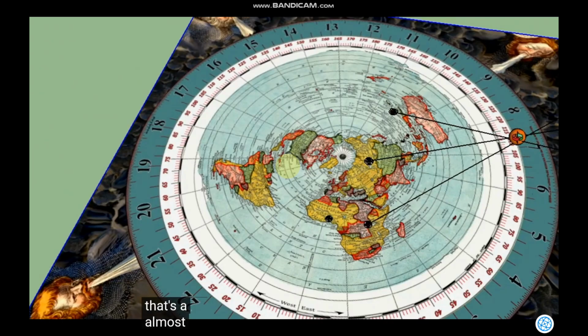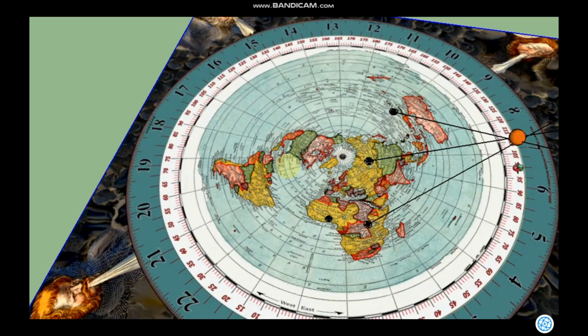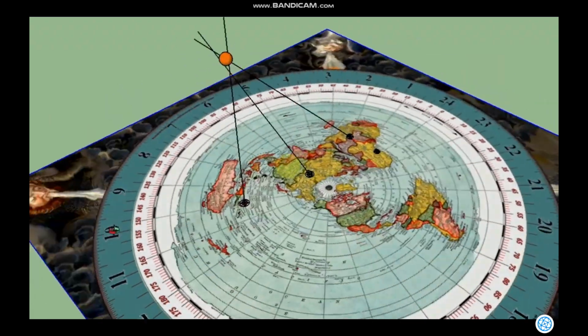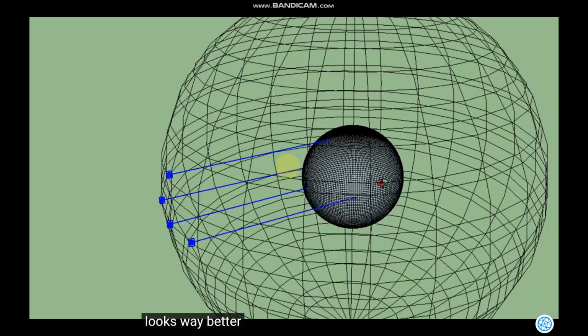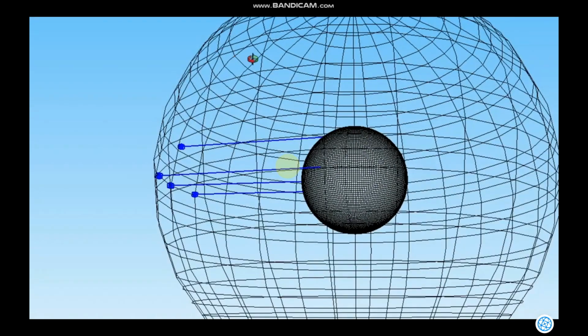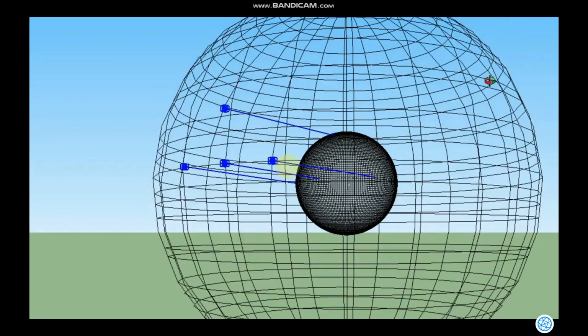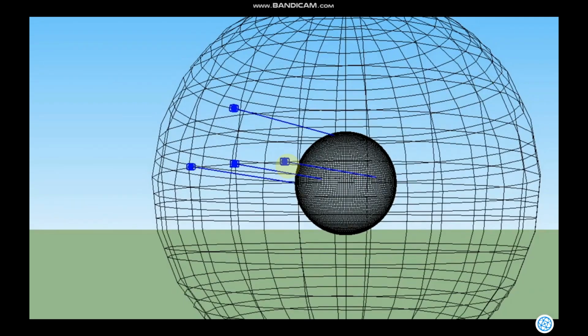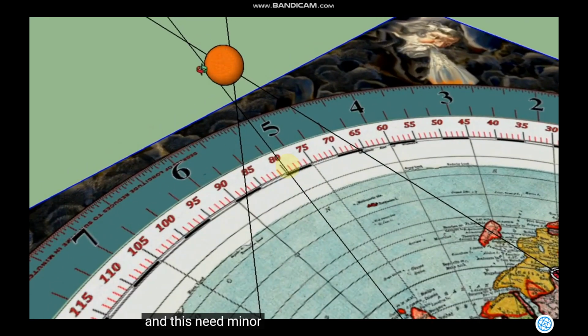That's almost a triangulation. Looks way better than this trash. And this needs minor correction.